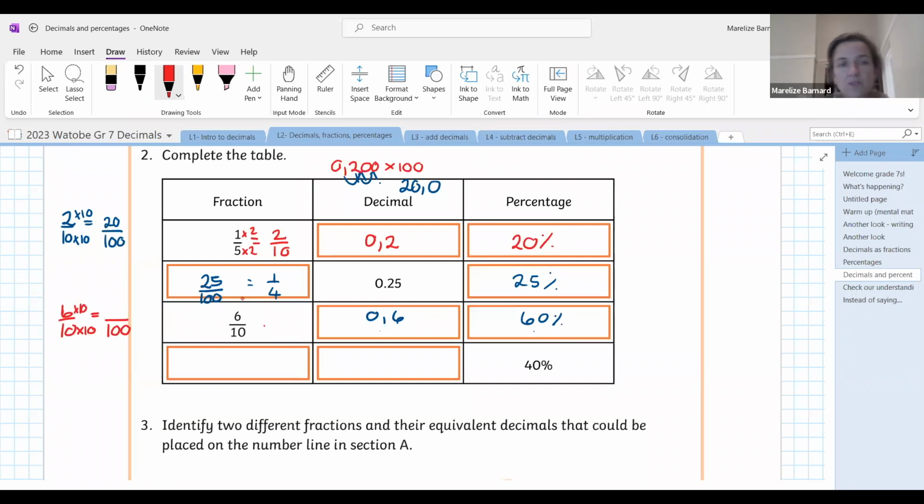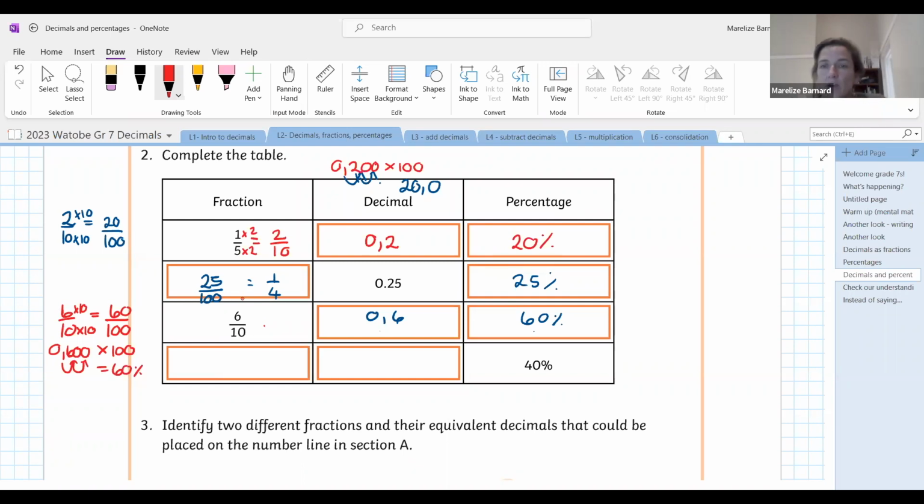And then I also have to multiply the 6 by 10, that's 60 hundredths. 60 hundredths is 60%. Alternatively, another way that you can do it is to take the 0.6 and times it by 100, and that will move our comma 2 places to 60%.